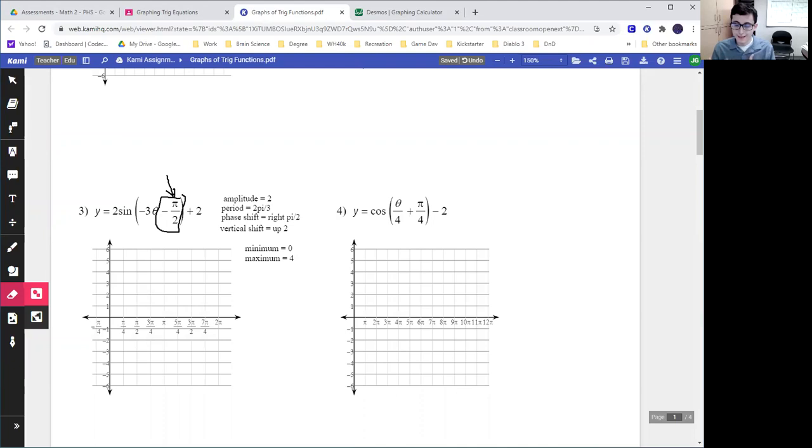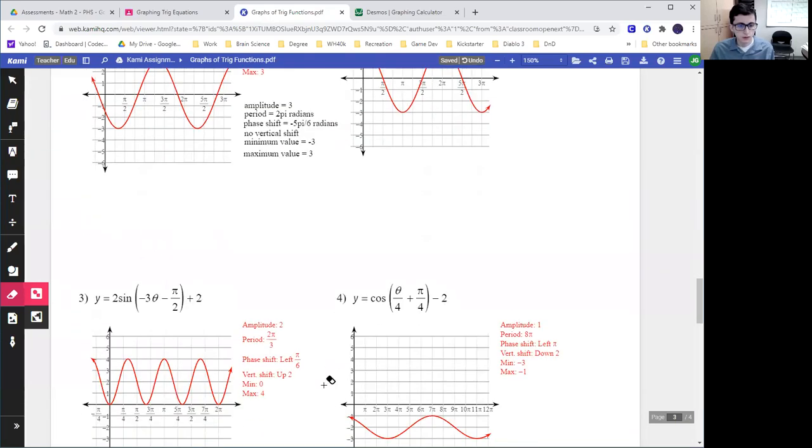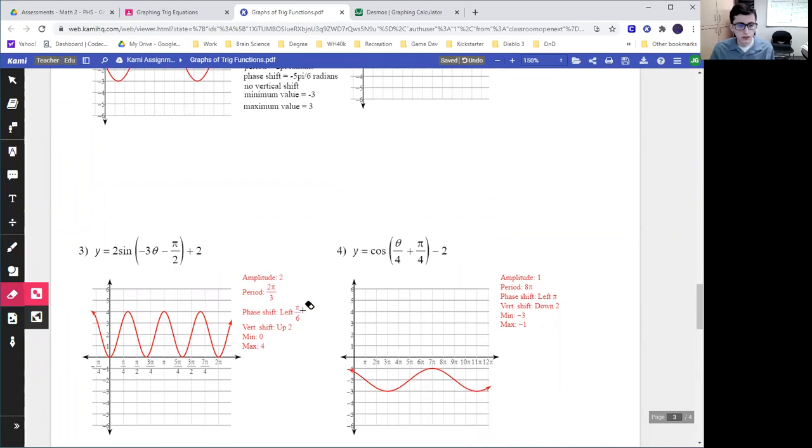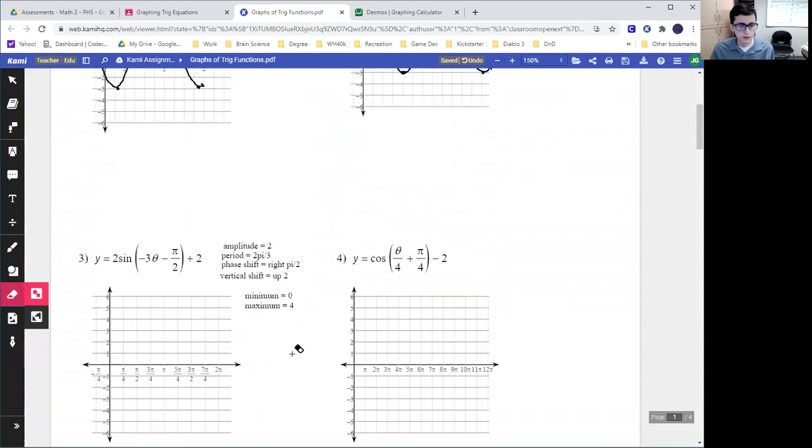So in order to get the same input value, you actually have to input a different amount. Let me double check. Now that I think about this, let me double check the phase shift is right pi over 2. It's actually left pi over 6. So why is that the case? Why is it left pi over 6?